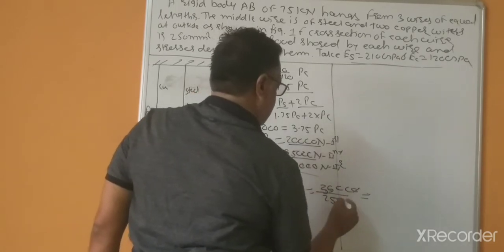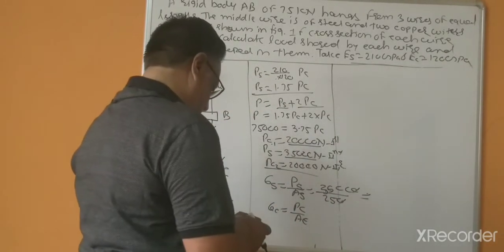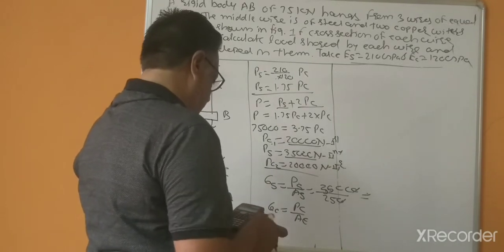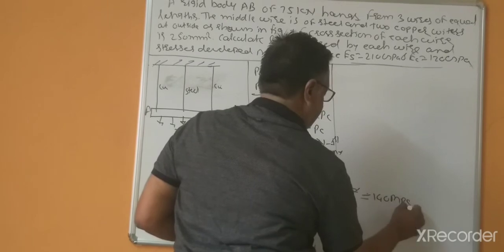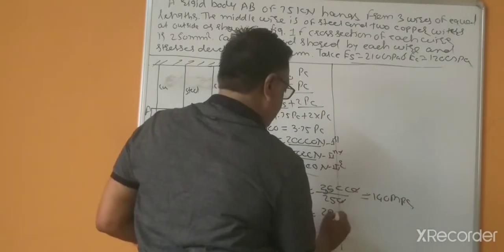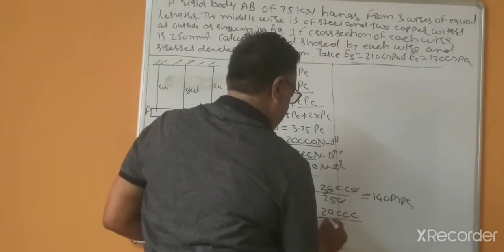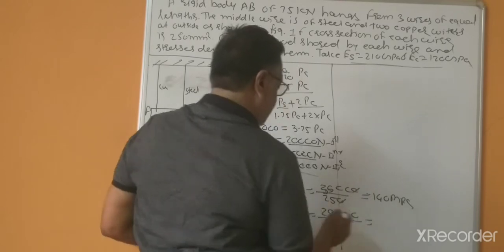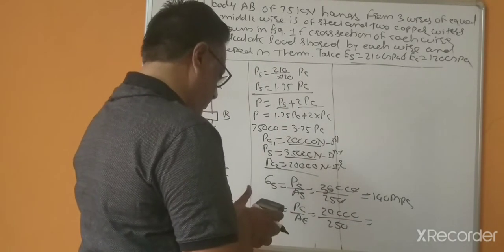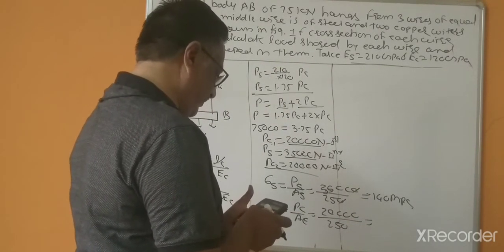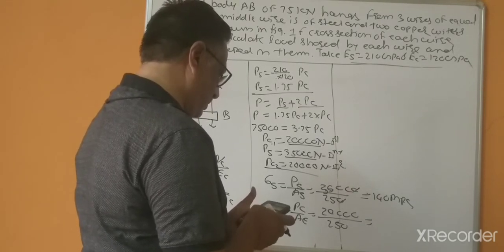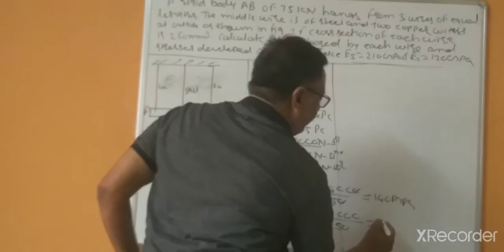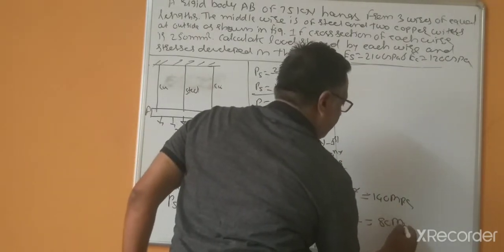So the stress developed is 140 megapascals, and this is 20,000 divided by 250, which is 80 megapascals.